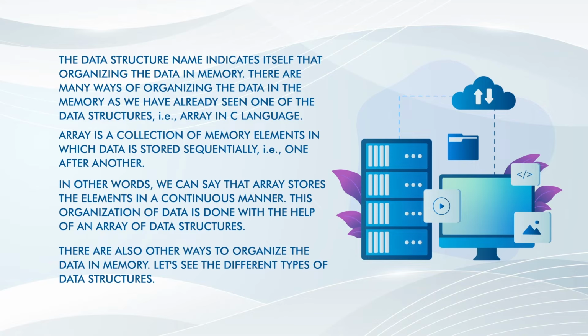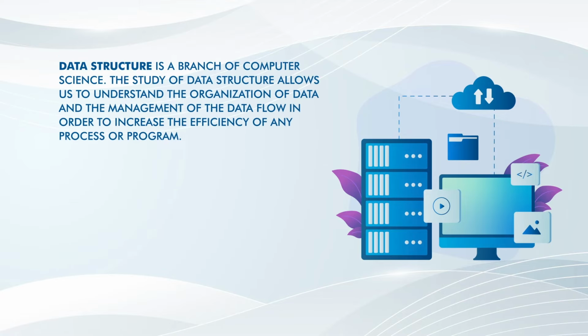Let's see the different types of data structures. Data structure is a branch of computer science. The study of data structures allows us to understand the organization of data and the management of the data flow in order to increase the efficiency of any process or program.